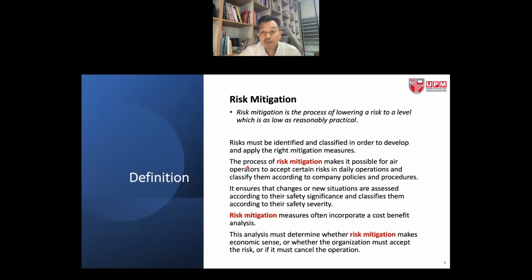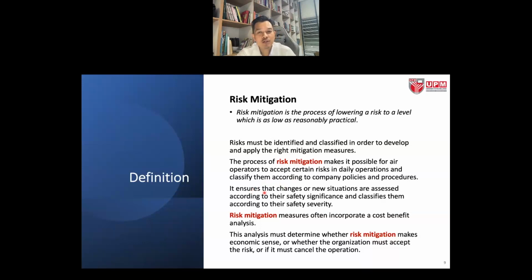Okay, so the process of risk mitigation makes it possible for air operators and the airlines to accept certain risks in daily operation and classify them according to company policies and procedures, like for example weather. So how do you mitigate the risk of weather, flight delay, customer or client complaints, so how to deal with it.